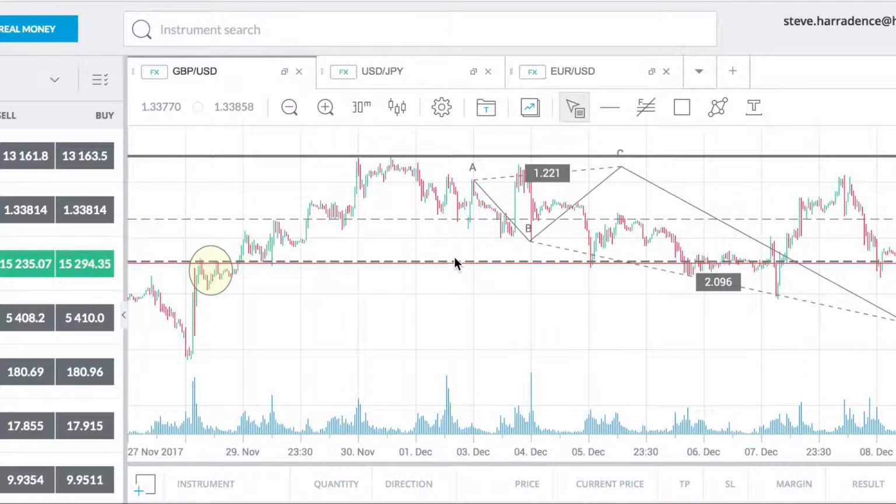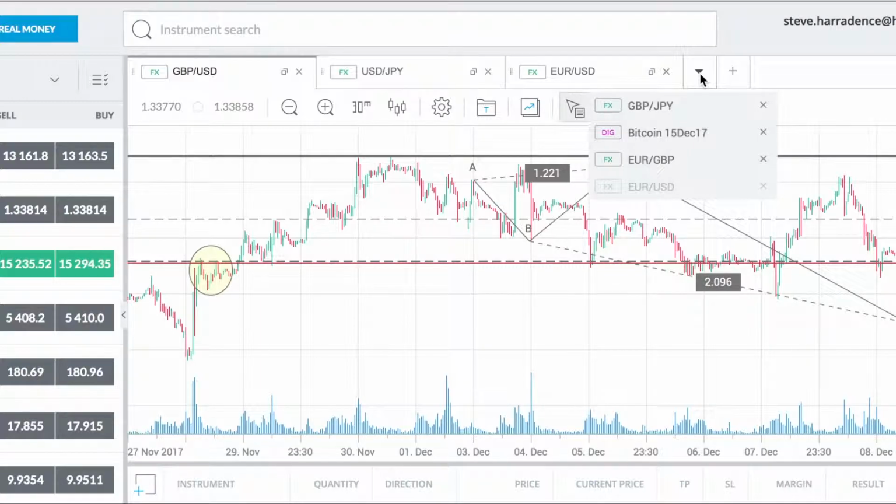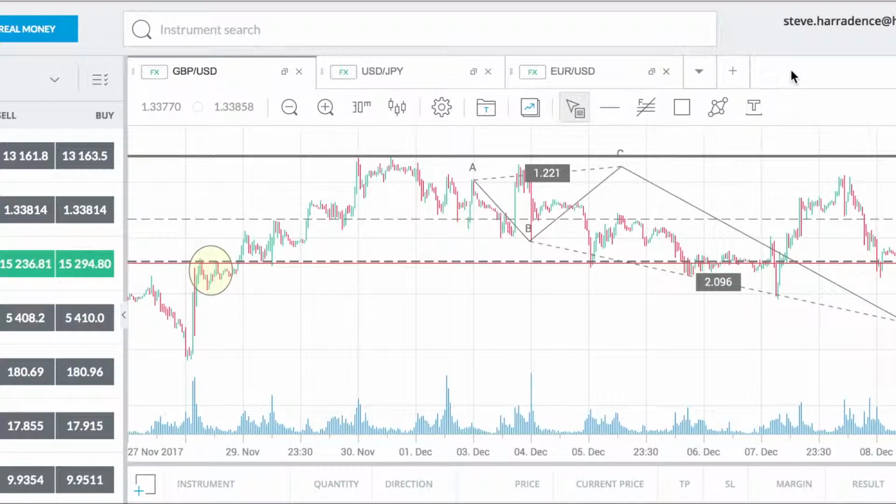So it's going to be pound dollar, dollar yen, euro dollar, pound yen, and euro pound. Okay, so it's going to go through a couple of bits here, just the key levels for the week ahead.